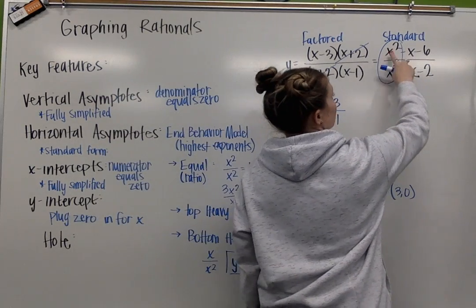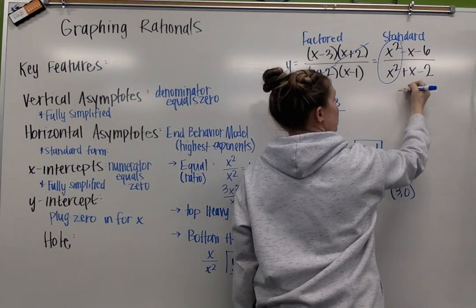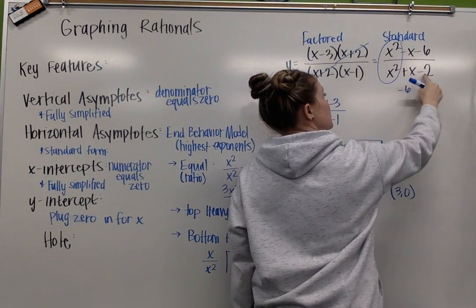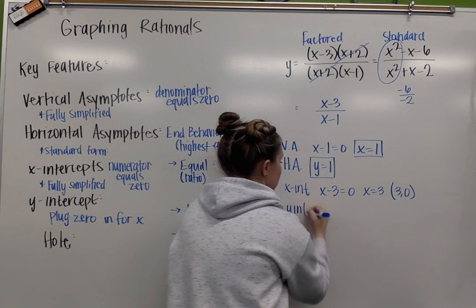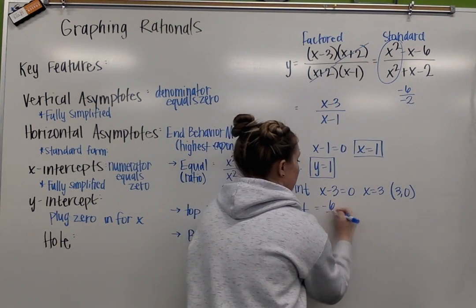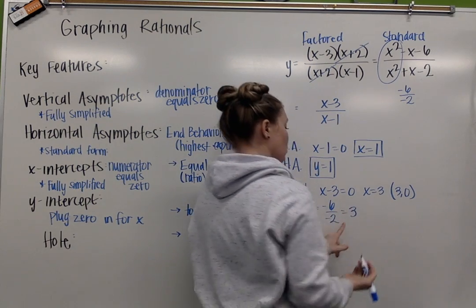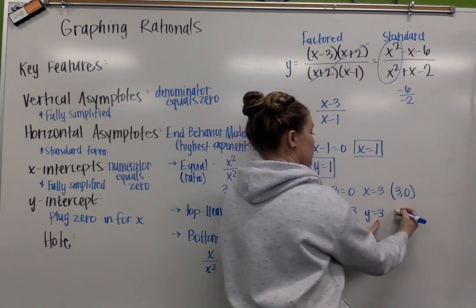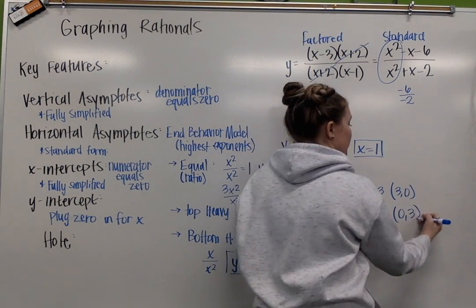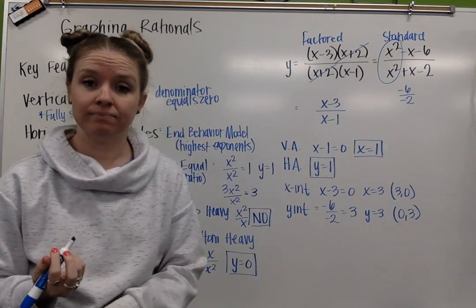So if I come over here, 0 minus 6 is negative 6, and 0 minus 2 is negative 2. So my y-intercept is coming from negative 6 over negative 2, which is 3. So when y equals 3, I'm going to have a y-intercept. So that's the point 0, 3.